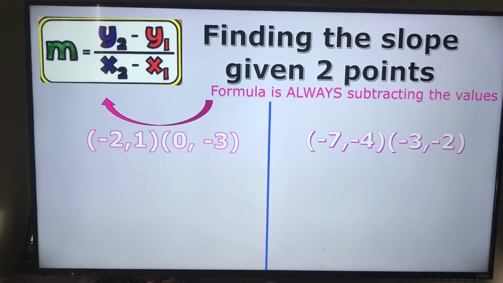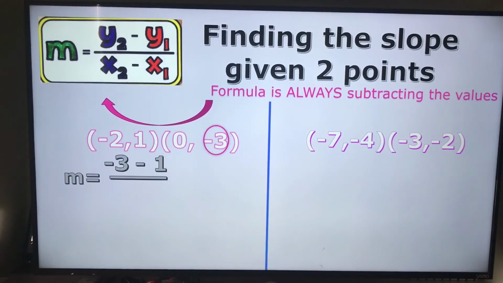So let's go look at the left-hand side for a minute. I'm going to write my m equals because I'm trying to find my slope. Okay? I'm going to go with negative 3, it's subtraction, minus 1. Now, it's a fraction. So then I'm going to find my change in x.